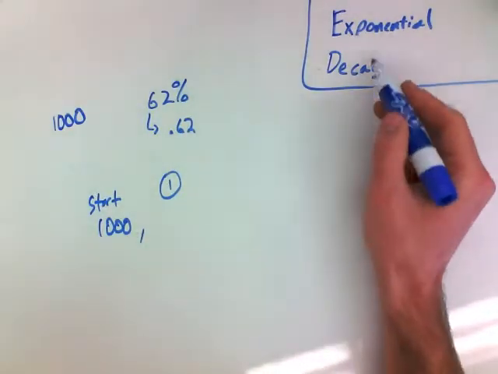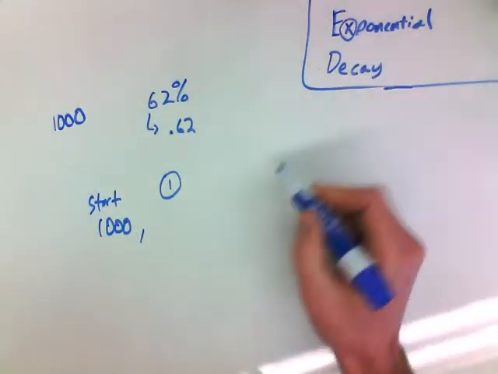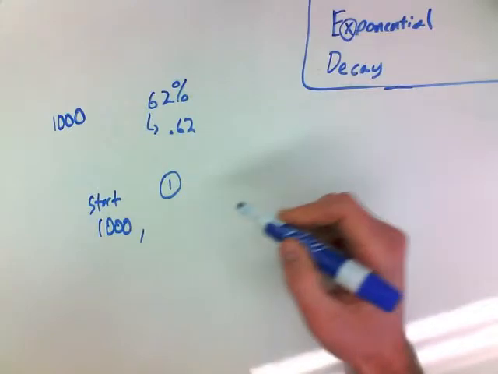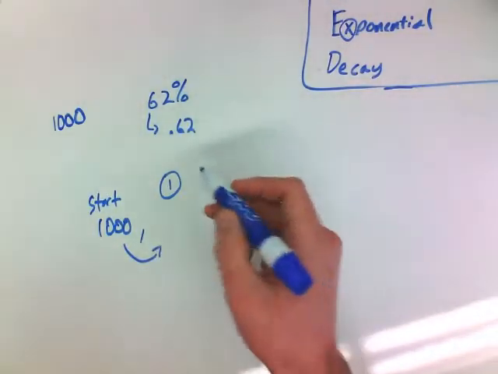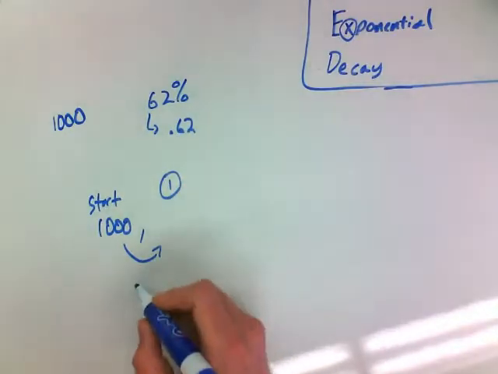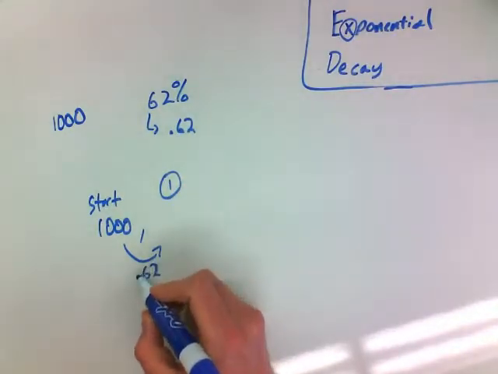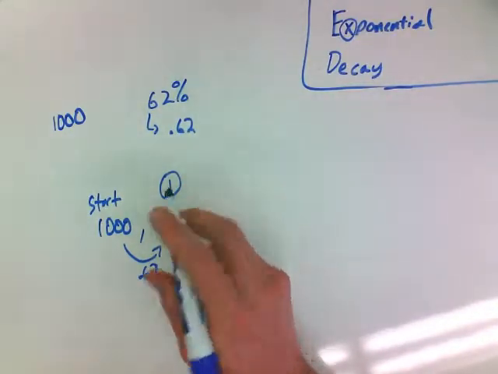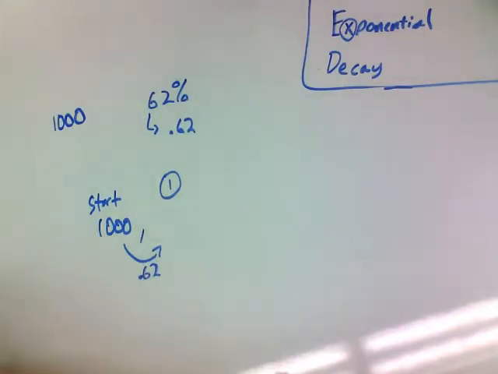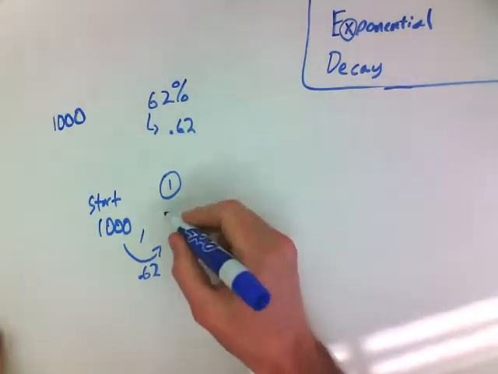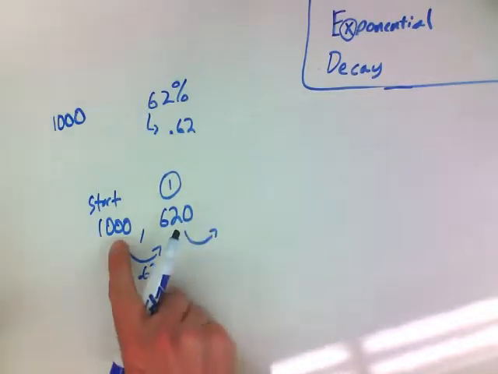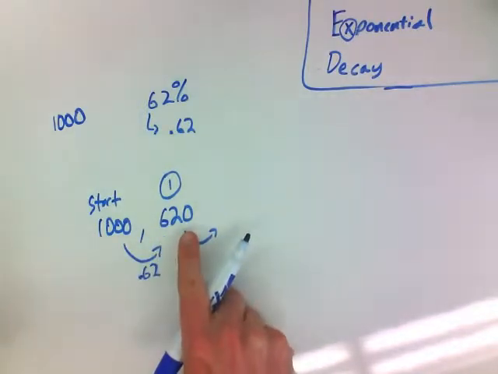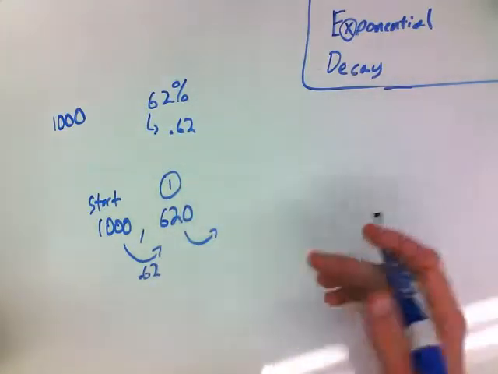Well, exponential decay is still that multiplication thing, right? I still find the sequence through multiplication, and now I'm going to be multiplied by 0.62. So 1,000 times 0.62 is 620, and that makes sense, right? It'll only bounce up a little bit more than half because 62% is a little bit more than half.